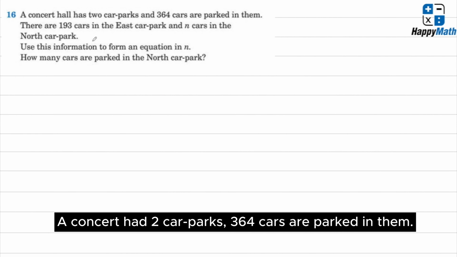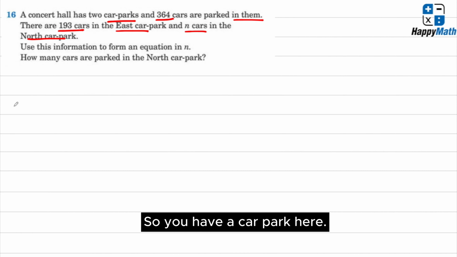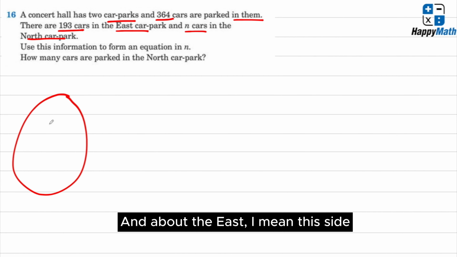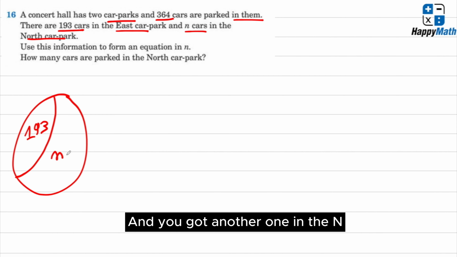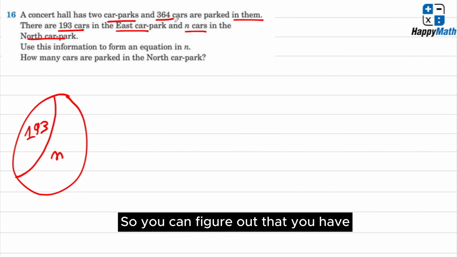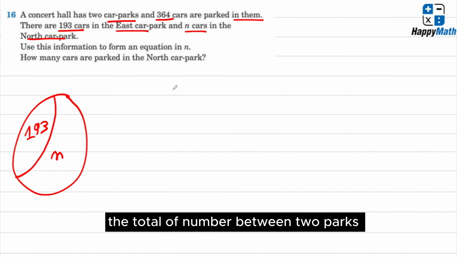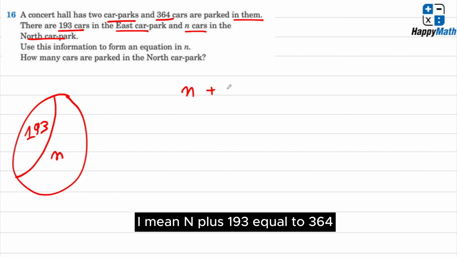Question 16. A concert hall has 2 car parks and 364 cars are parked in them. There are 193 cars in the east car park and n in the north car park. The total between the two parts has to be equal to 364, so n plus 193 equals 364.